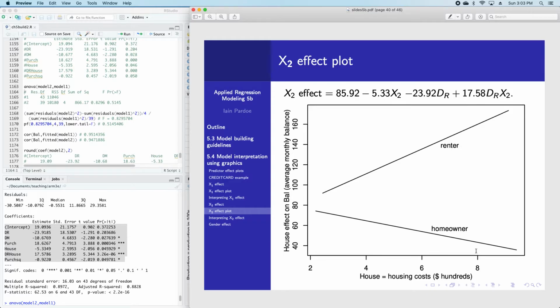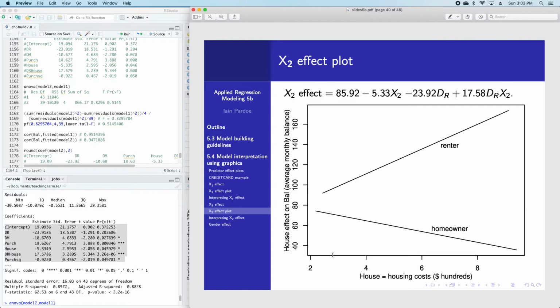Someone perhaps with a higher mortgage, perhaps their house is more valuable, perhaps they have more access to cheaper forms of credit than running up a credit card balance, and so they don't need to carry as high a balance on their credit card because they have cheaper forms of credit than someone with a low mortgage.